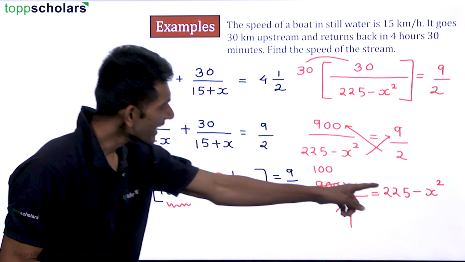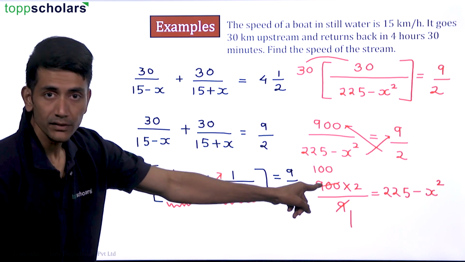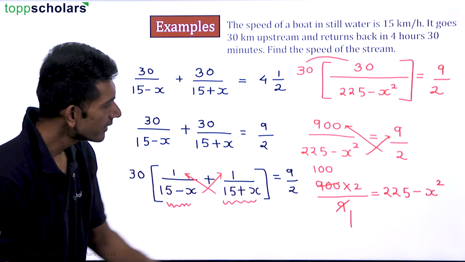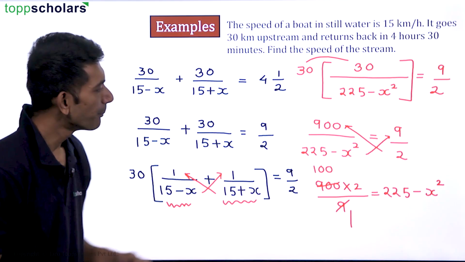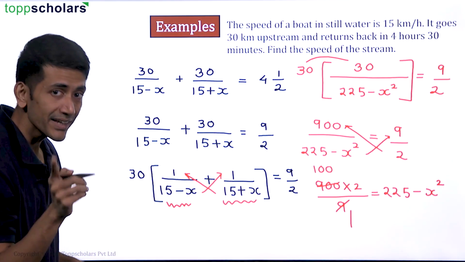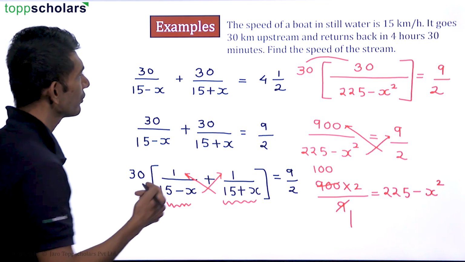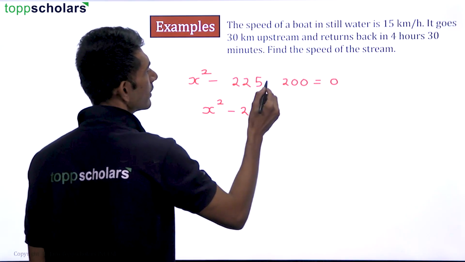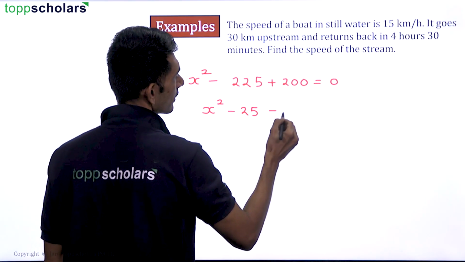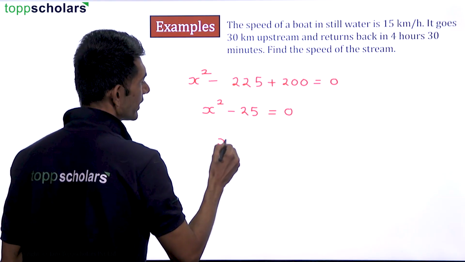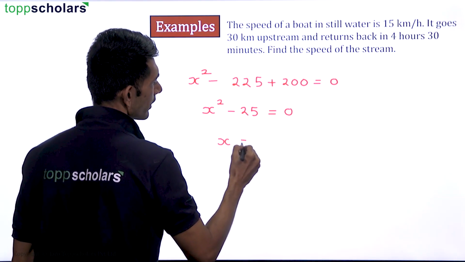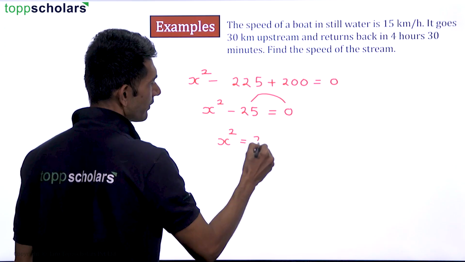So now can I say x square, and here if I shift 225 on the other side, I'm going to get x square minus 225, and then you have minus 200 as well. So further you get, what is the value of x that you get? X square will be equal to 25.